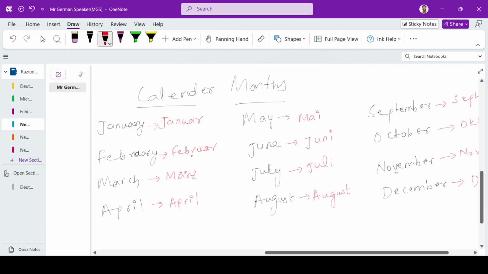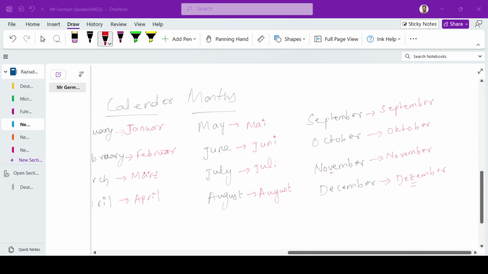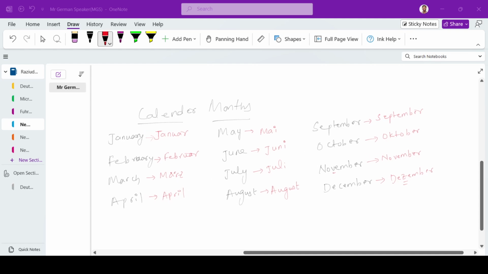Januar, Februar, März, April, Mai, Juni, Juli, August, September, Oktober, November, Dezember. I will just make it shorter.